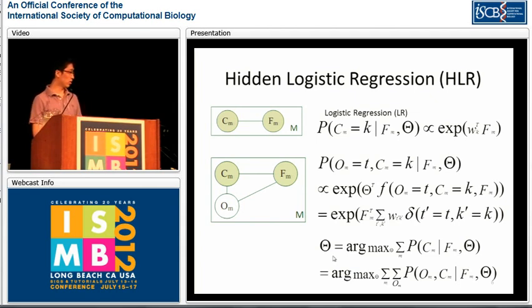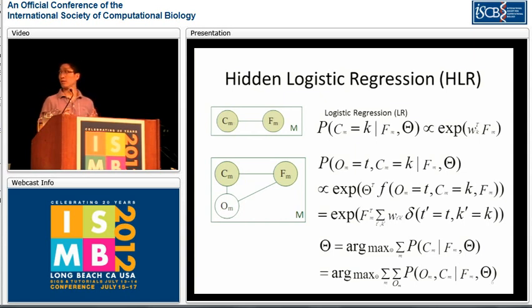So we incorporated this latent variable, and mathematically speaking, we just use multinomial weighted parameters in the logistic regression, and we can write out the objective function to learn the parameters. Note that in this model, all the regions from the same cell are assumed to be independently and identically distributed, but this is not enough.